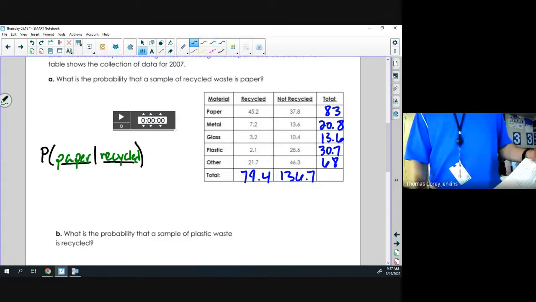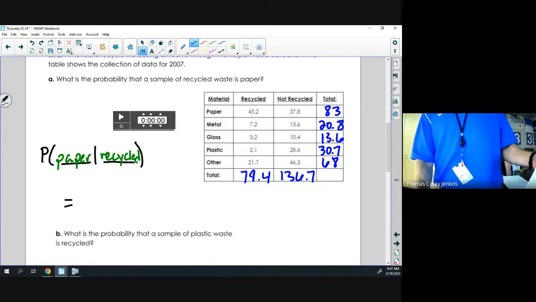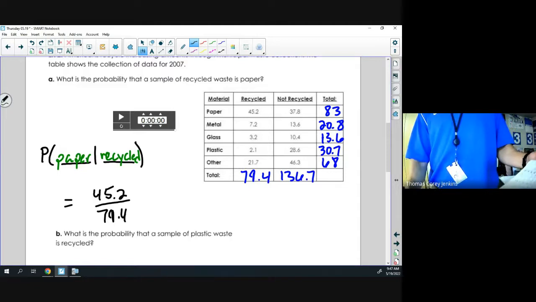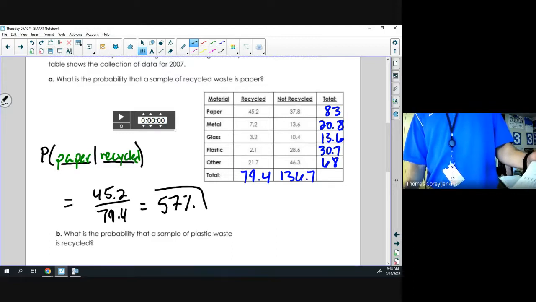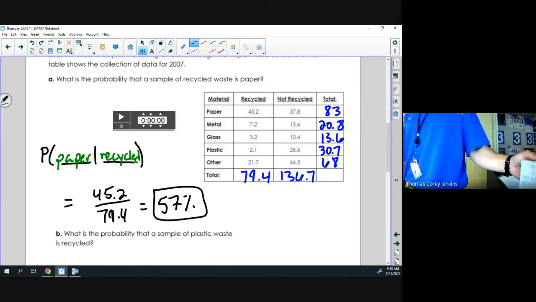Once we know that, we're looking at recycled paper out of total recycled. So that would be 45.2 out of 79.4, and that ends up being around 57%. We'll go one at a time here. Anybody have any questions about that now that I've shown it?